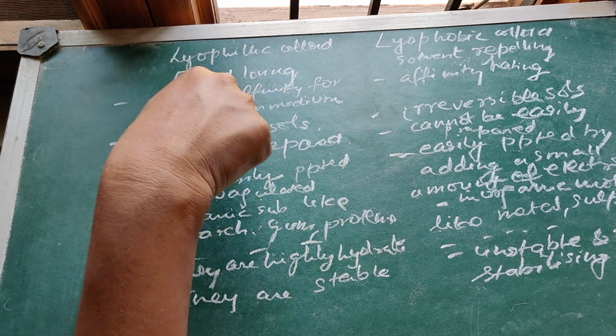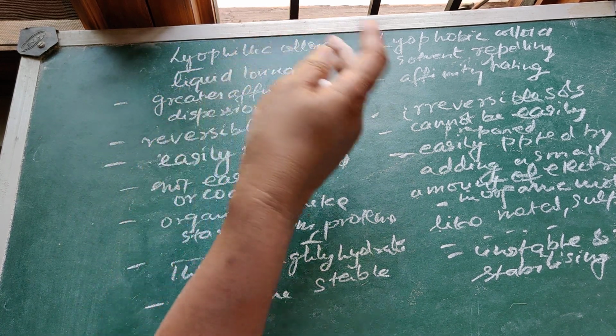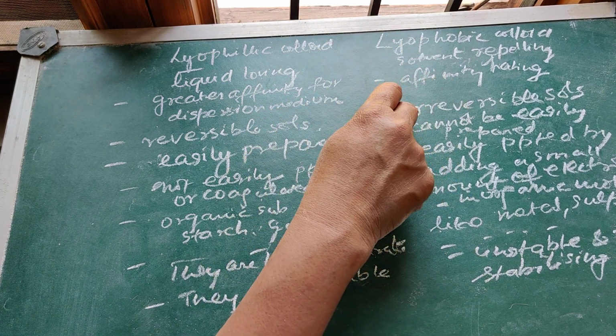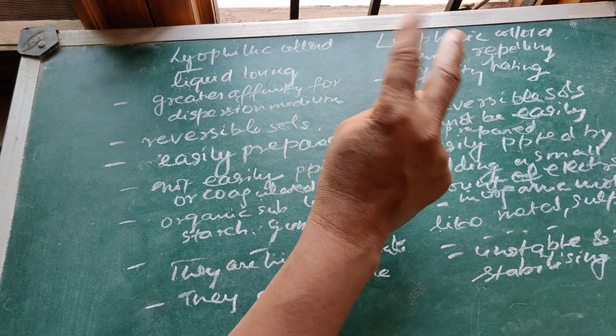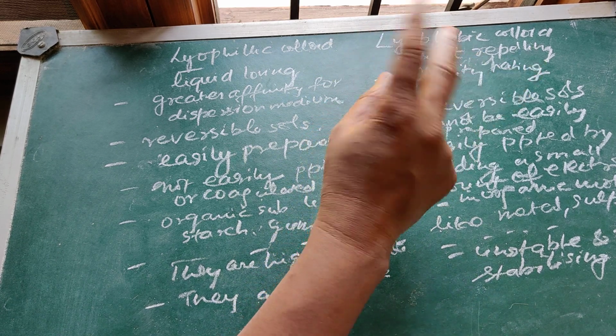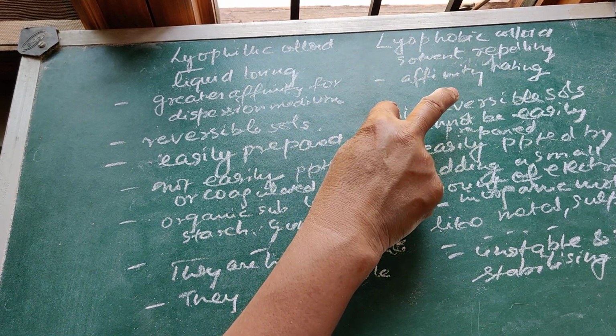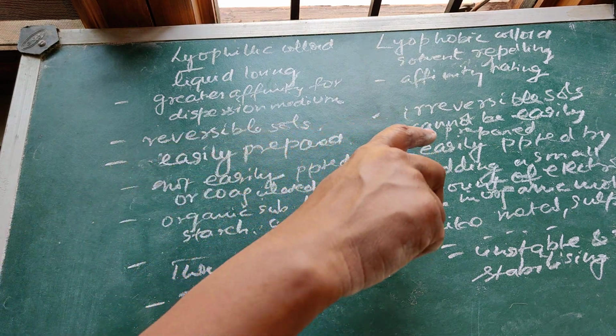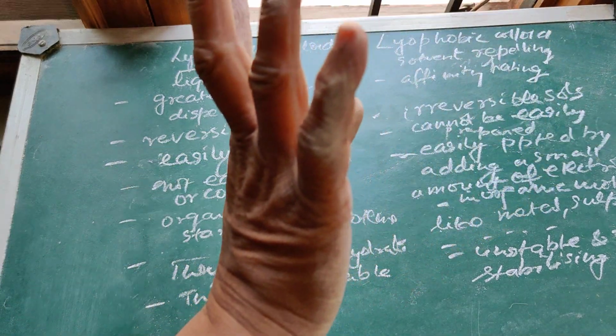Reversible means if you separate the dispersion medium and dispersed phase and again mix them together, then again you can get the lyophilic colloid, whereas in this case you cannot form a colloidal solution once you have prepared it; you cannot reform it. Then easily prepared, this cannot be; special methods are required.